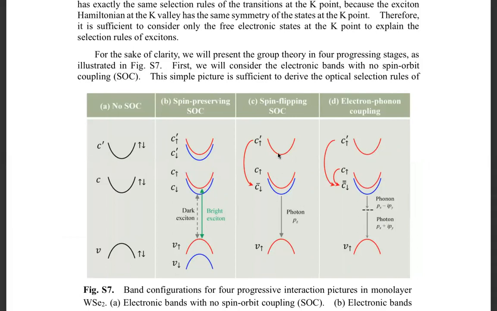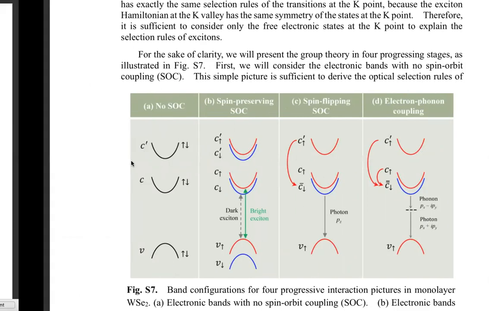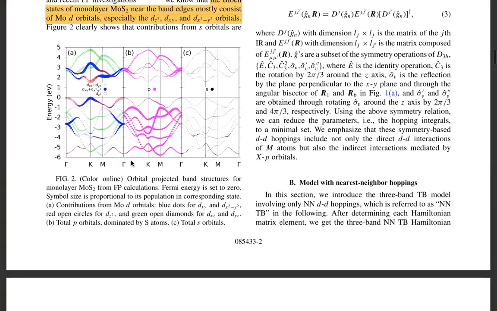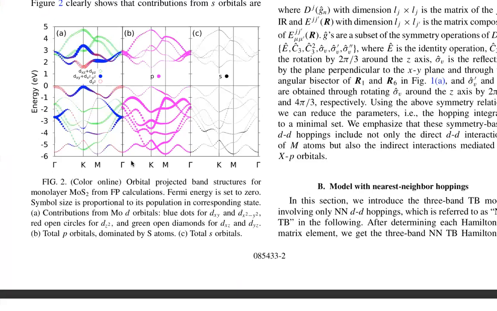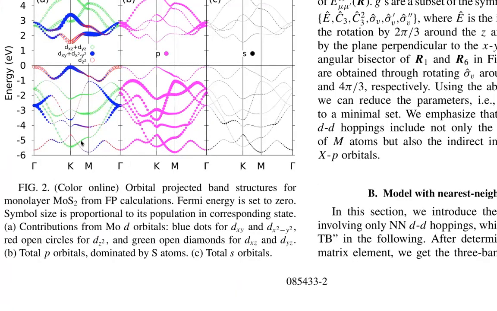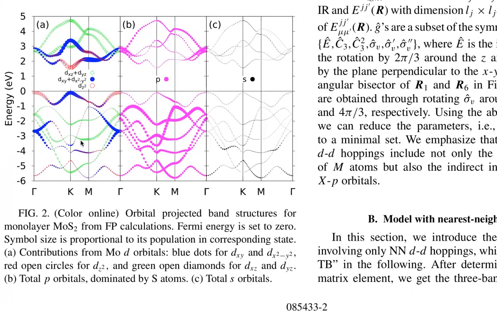But this band is far away, more than an eV away, and the other one is also quite far away. So the spin mixing term is relatively weak.